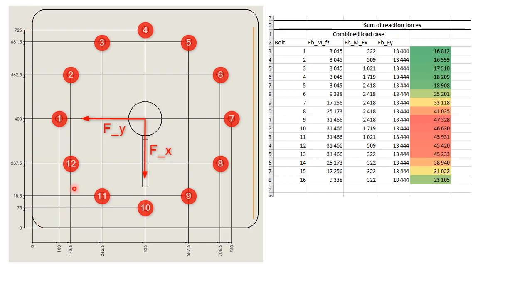Secondly, you're doing the same with the Fy force, which is trying to tilt the flange over this pivot line, and you are using these distances to calculate the reaction forces. And here you have the list of forces in each direction, and you can just sum them.